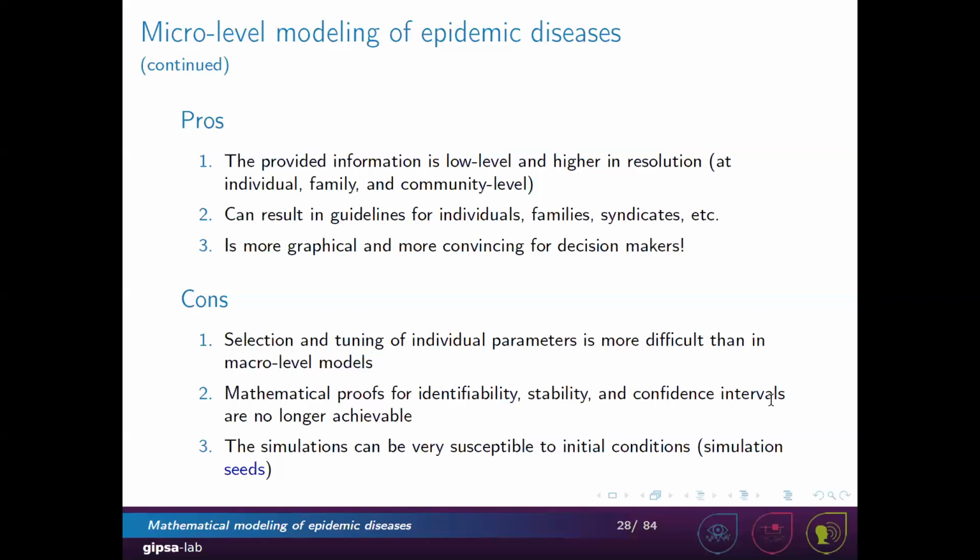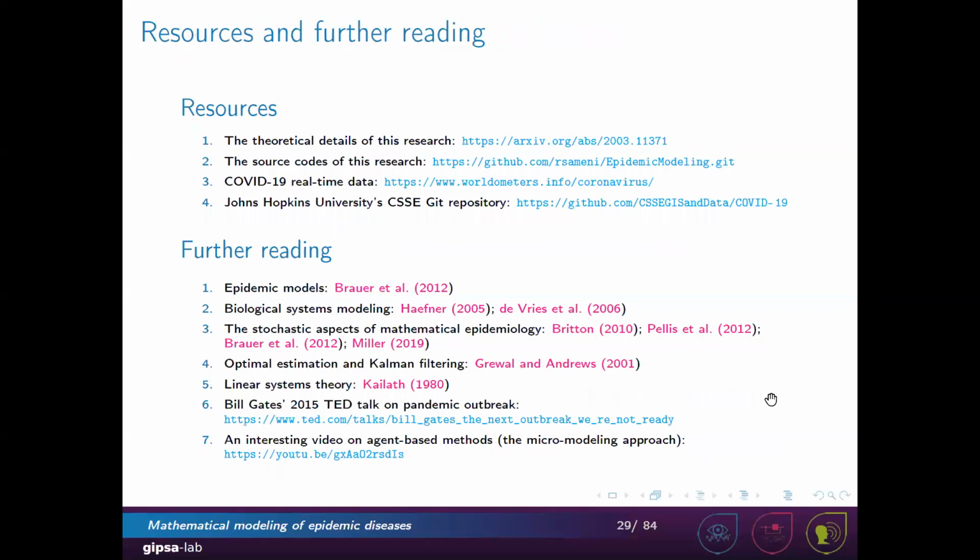And the last limitation is that the simulations can be very susceptible to initial conditions, which we call the simulation seeds. If you just change the initial seed, you will end up with very different results in different runs of the algorithm.